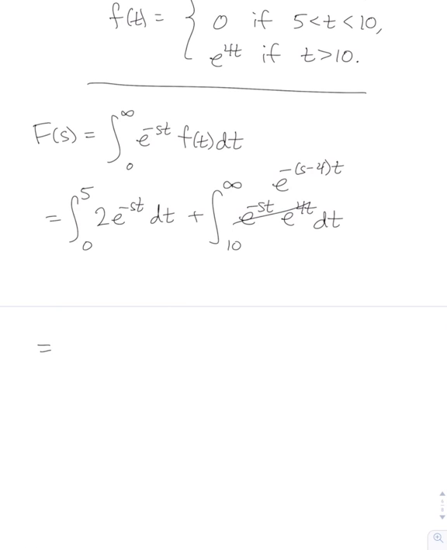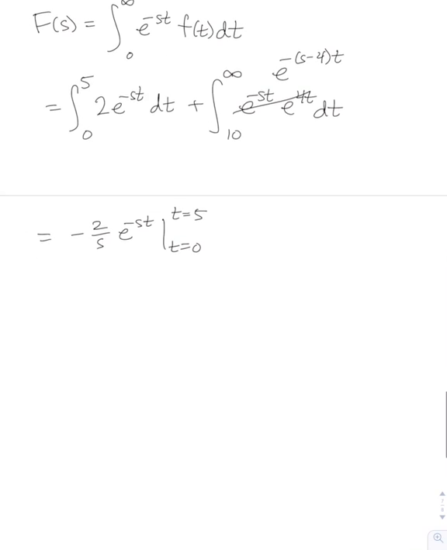The first one is just an ordinary integral, so we can get our antiderivative, which is negative 2 over s times e to the negative st, evaluated from t equals 0 to t equals 5. But the second one is an improper integral, so I have to write that as the limit as n goes to infinity of the integral from 10 to n.